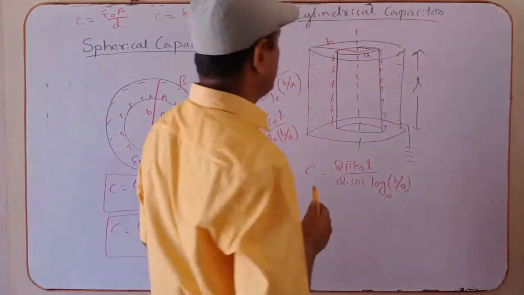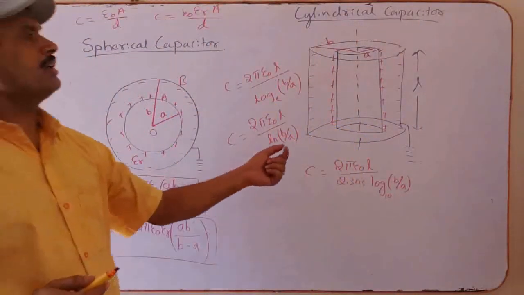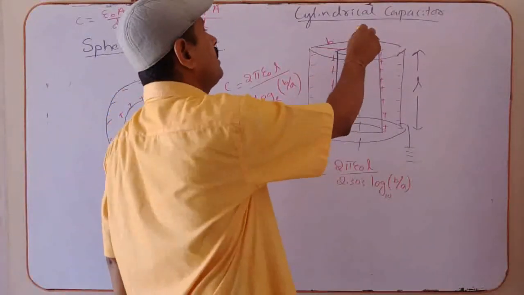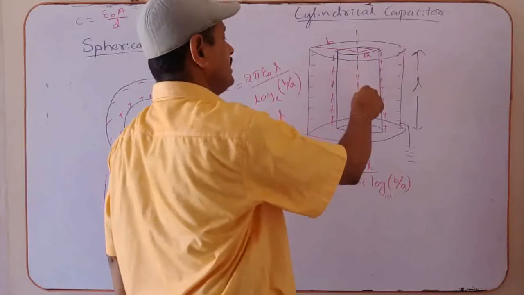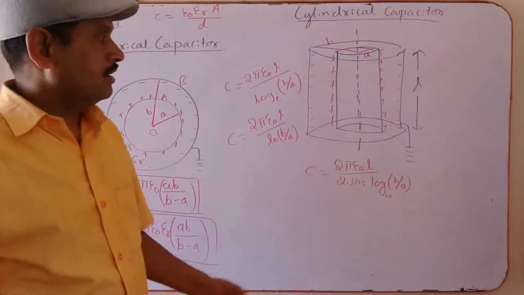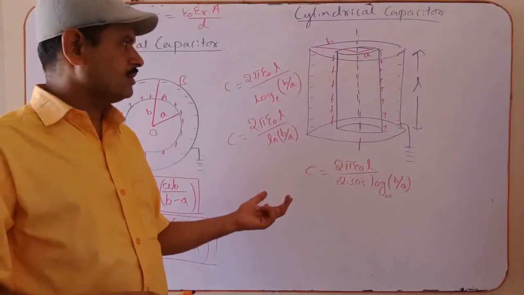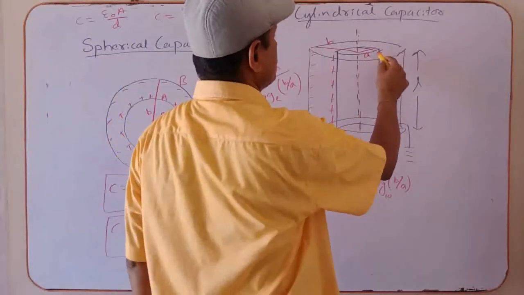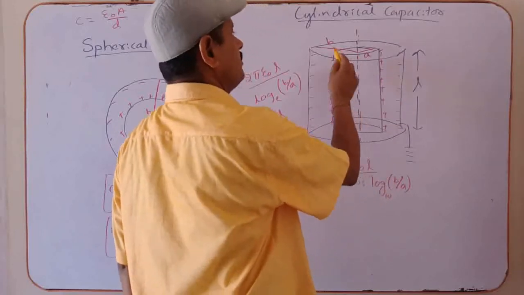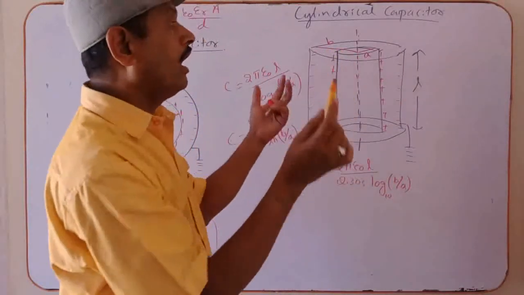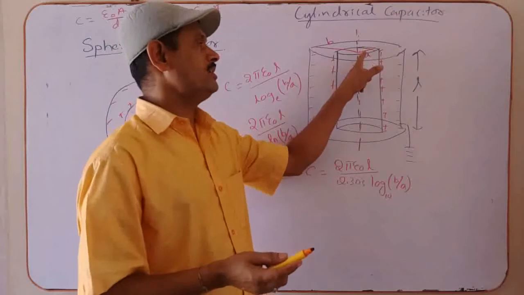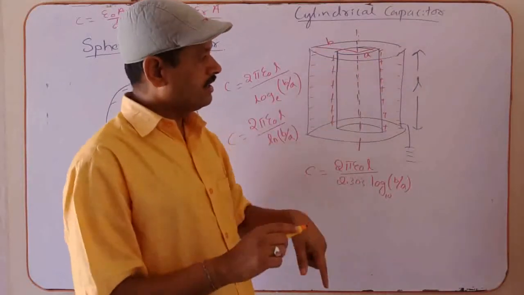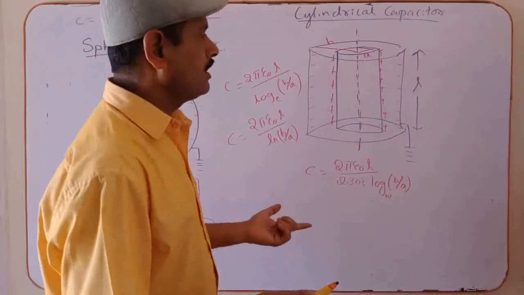Yes, cylindrical capacitor. In a cylindrical capacitor, there are two cylindrical conductors. Now the axis is common for both the cylindrical conductors, said to be coaxial. Now A is the outer radius of the inner cylindrical conductor, B is the inner radius of the outer cylindrical conductor.